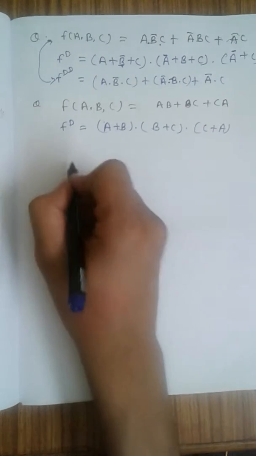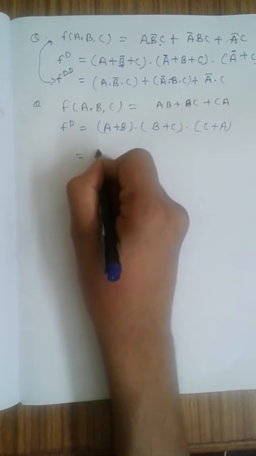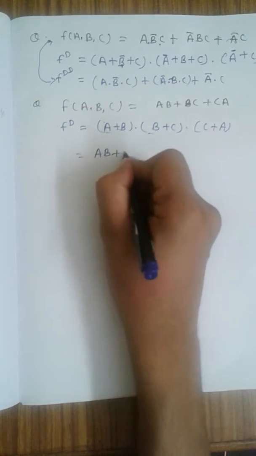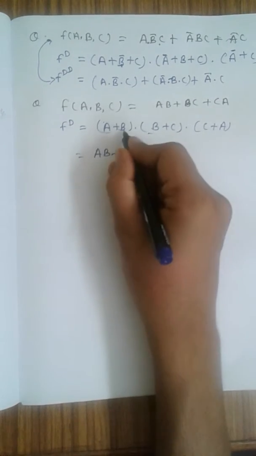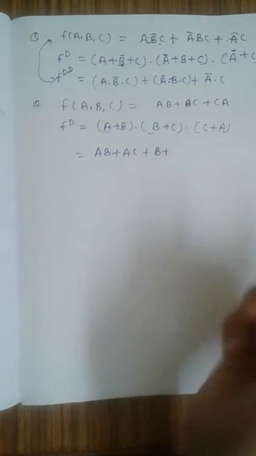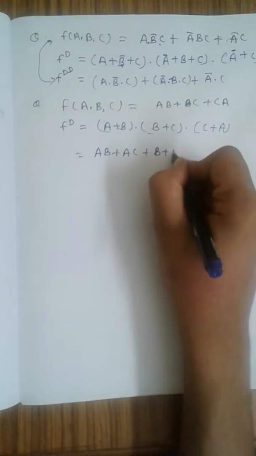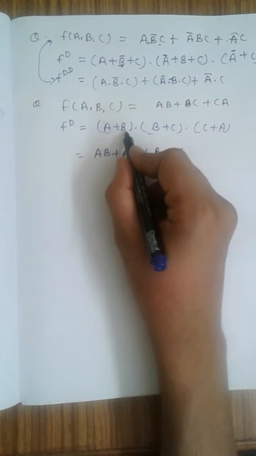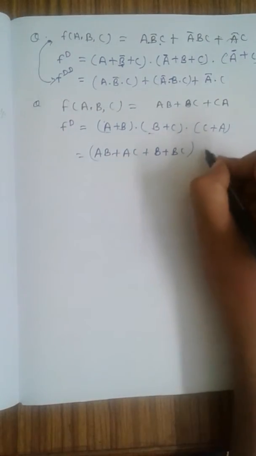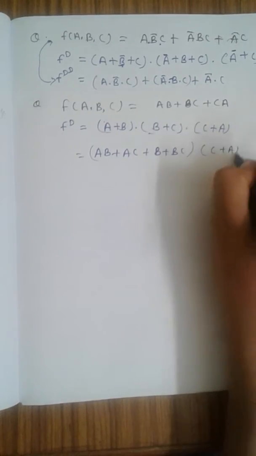Just simplify this equation. So here it will be ab, this multiplied by both, ac, plus this multiplied by both. So b into b will be b, and bc plus b multiplied into c plus a.